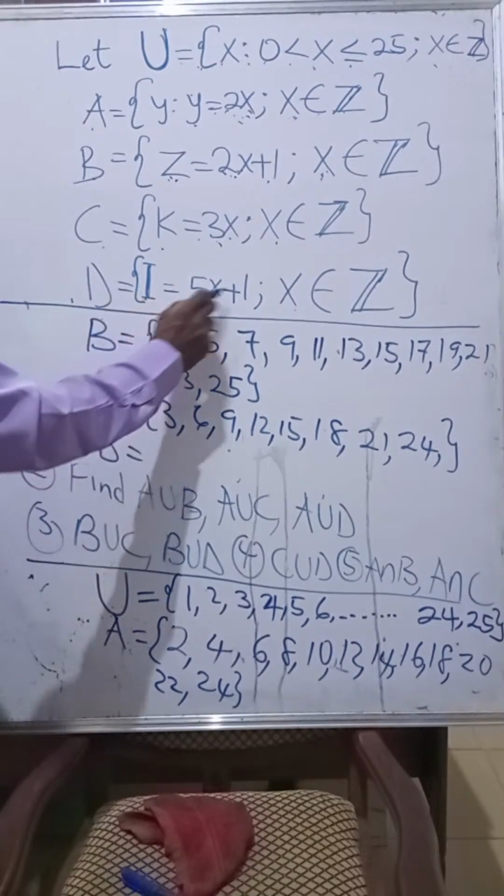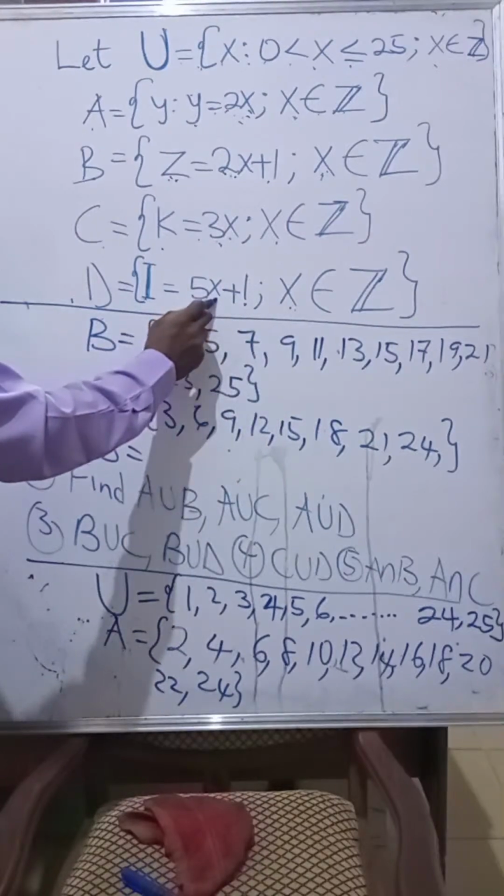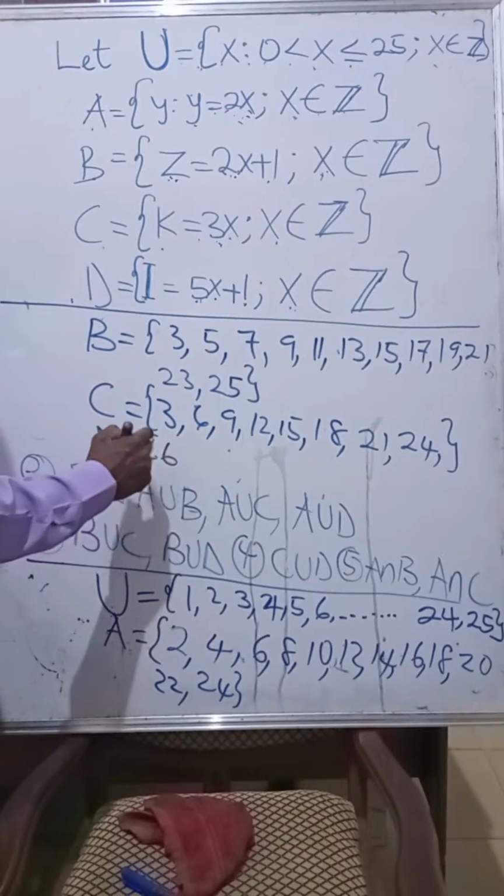D is equal to 5x plus 1, and x starts from 1 here. So 5 times 1 plus 1 is 6.